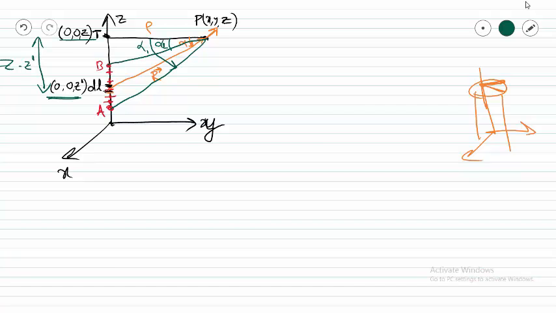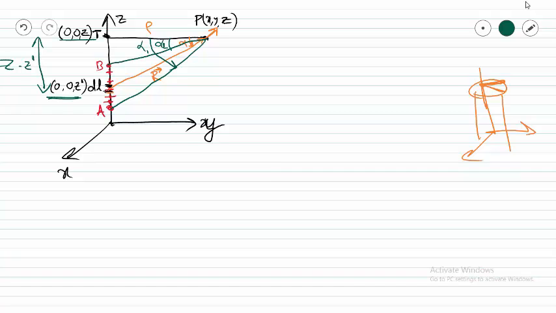We have taken a point P where we would like to find the electric field intensity, and r bar is the vector drawn from 0 comma 0 comma z dash to the point P, and this r bar makes an angle of alpha with respect to the line PT. Similarly, we have drawn lines from point B to point P and point A to point P, and the corresponding angles are alpha 2 and alpha 1.